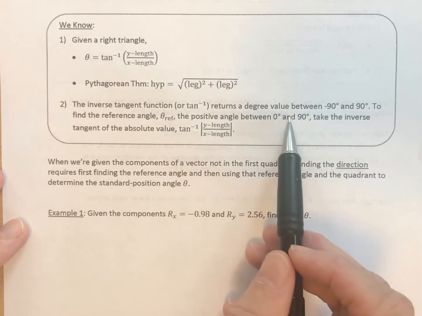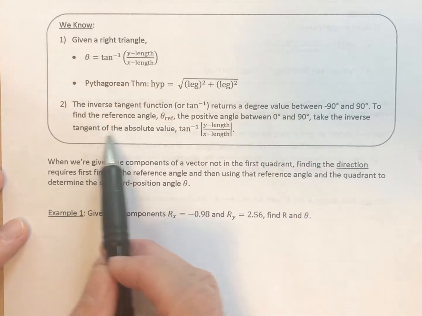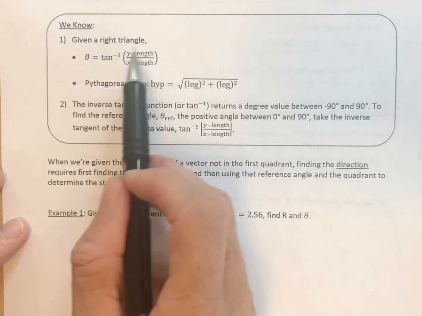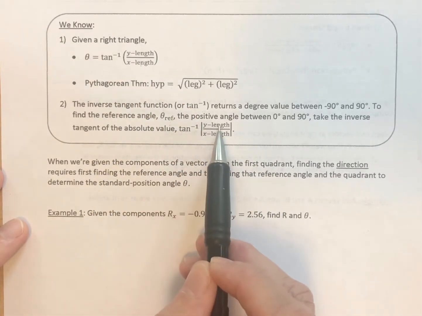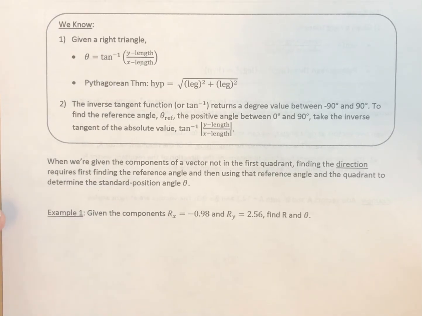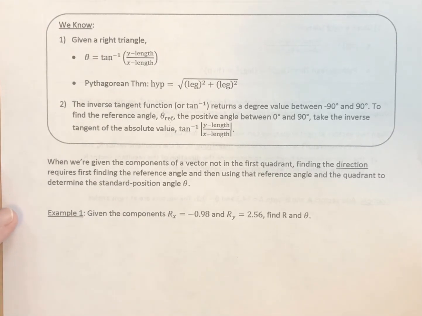So to find that, we want to take the inverse tangent of the absolute value of the y length divided by the x length.